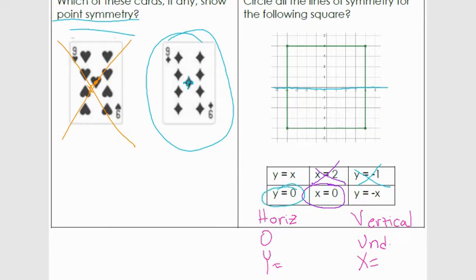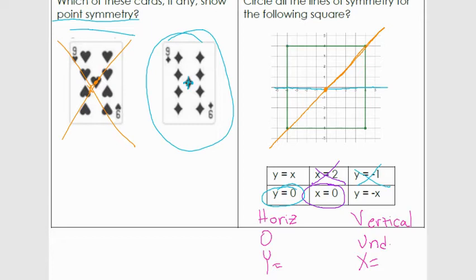Now we get to do the harder lines to see, and that's the line y equals x. They're not really harder to see, but we just have to graph them correctly. So y equals x has a slope of 1 and a y-intercept of 0. That is the line that goes through 0 with a slope of 1. And so that is the linear parent function. So there we have it graphed right there.